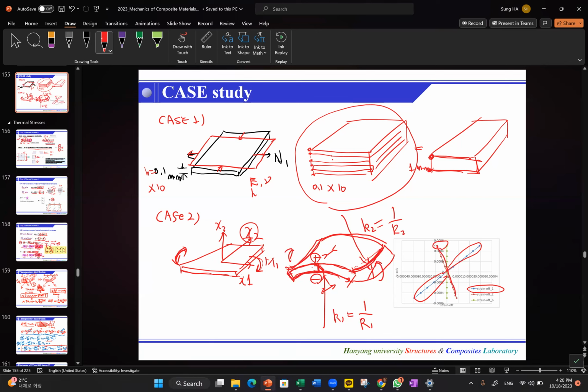So each ply, in one direction we have a tension, and in the second direction we have a contraction. Why? Again, because of Poisson's effect. Just consider the top. And of course, there is no shear deformation. So understanding this is important, and you can visualize the deformation like this.